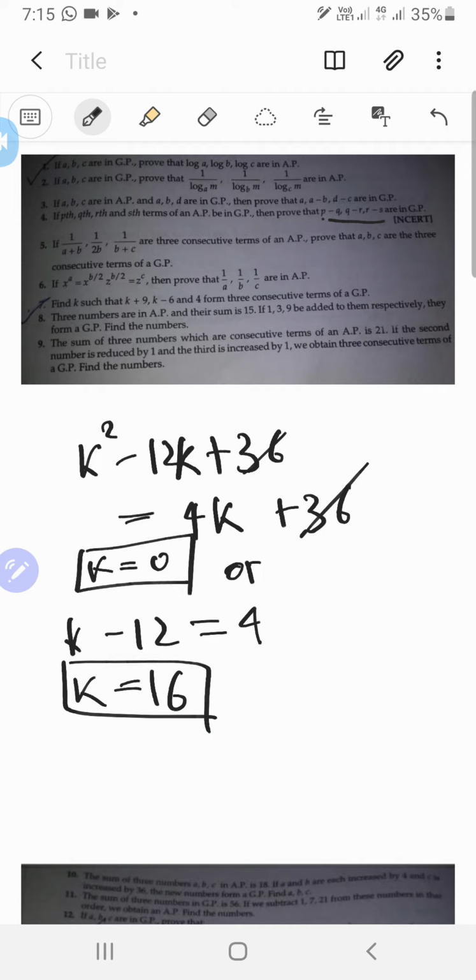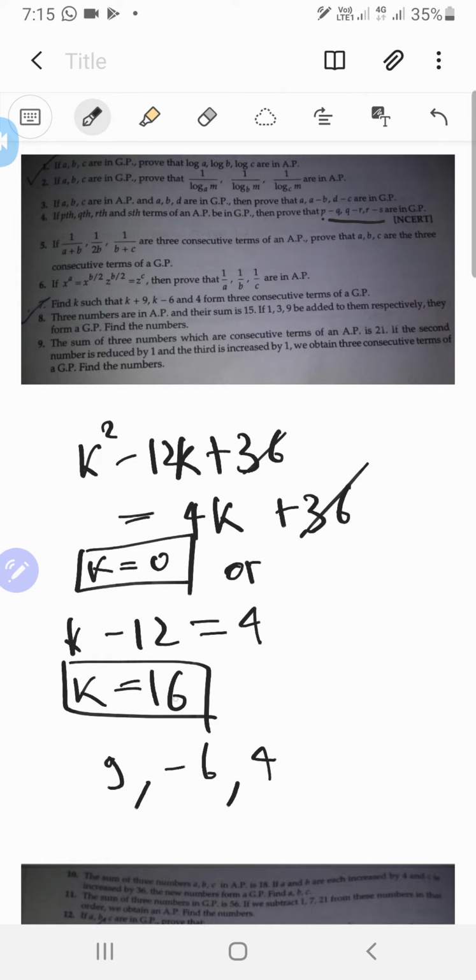Let's check what we get for each of them. When k equals 0, when you put that into these three numbers, you get 9, minus 6 and 4. So the ratio over here is going to be minus 2 by 3.